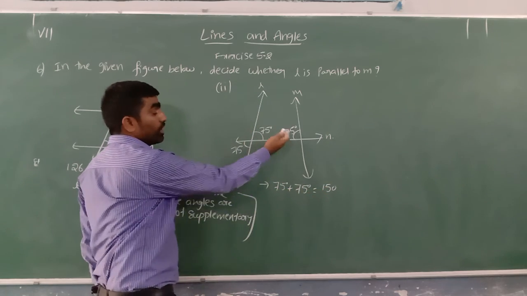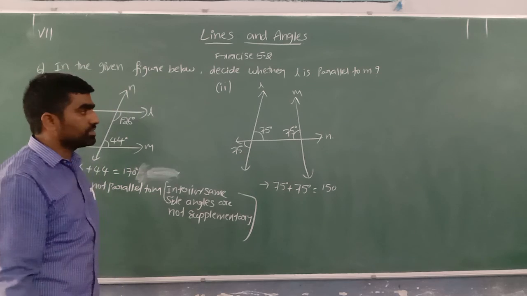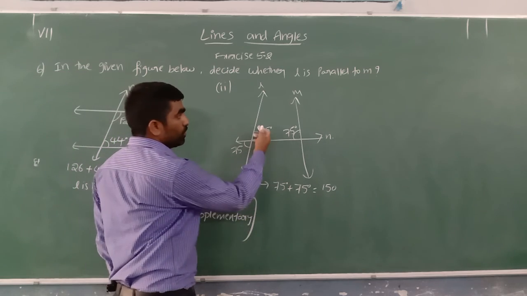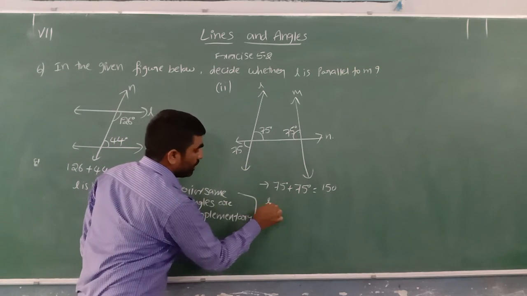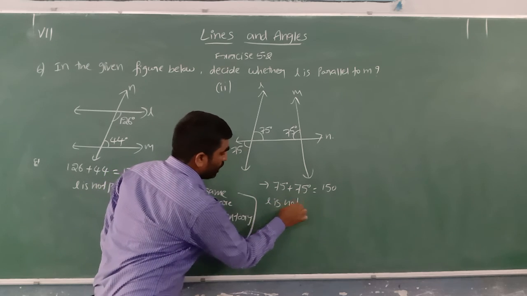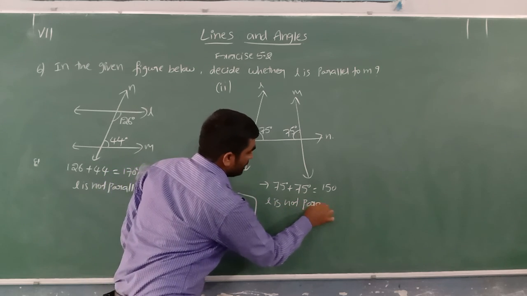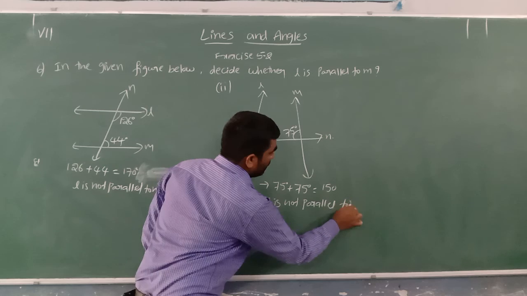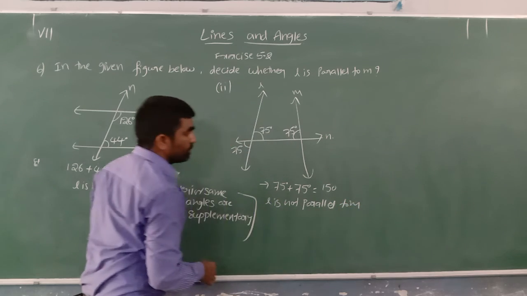Even here also we are not getting the interior same side angles sum as 180. So what can we conclude now? L is not parallel to M. What is the reason why it is not parallel?